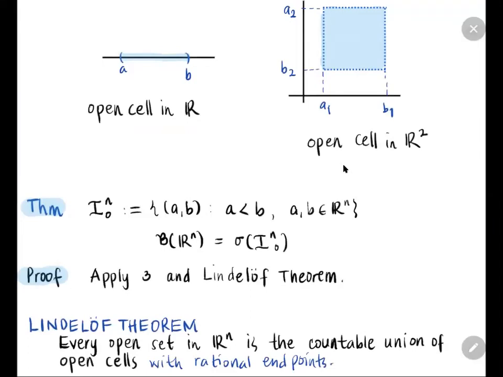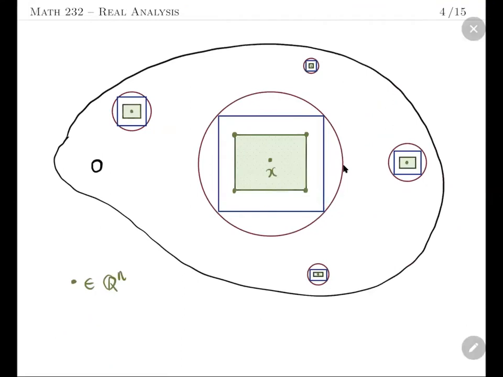So the proof is given in the lecture notes, but let us discuss the main idea of the proof with this picture. Okay. So consider an open set O, and pick a point X in the open set O. Since O is open, by the definition of an open set in Rn, we can find a ball containing X, and more precisely, X being the center.